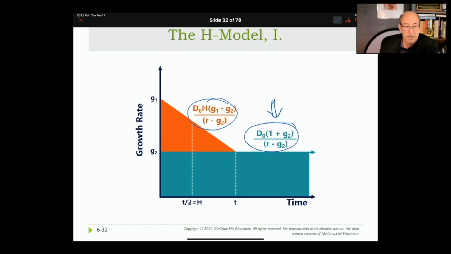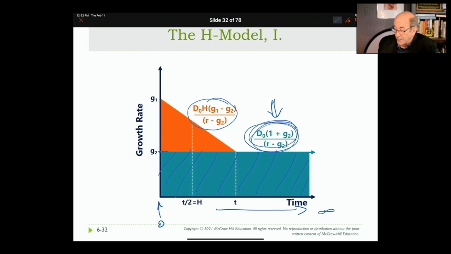This is simply exactly like our constant perpetual growth dividend discount model, right? And so we've got some growth rate G2, and we're valuing the firm based upon that G2 rate from time 0 to infinity. So that encompasses this blue box. That's the value generated out of this term of the H model.